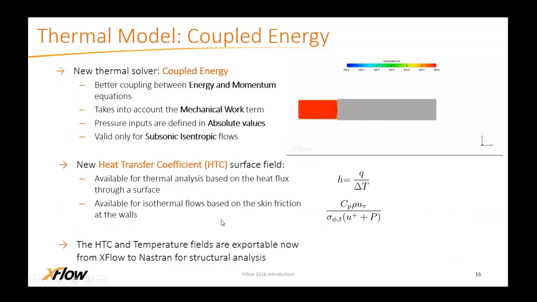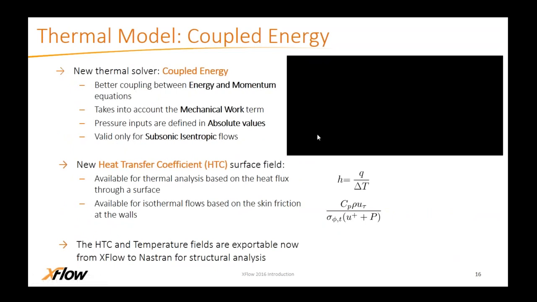We also have a new coupled energy thermal model that is fully coupling the energy and momentum equations, taking into account the mechanical work term, and allows, for example, to work on compressions like the one you can see here, and works for subsonic isentropic flows.